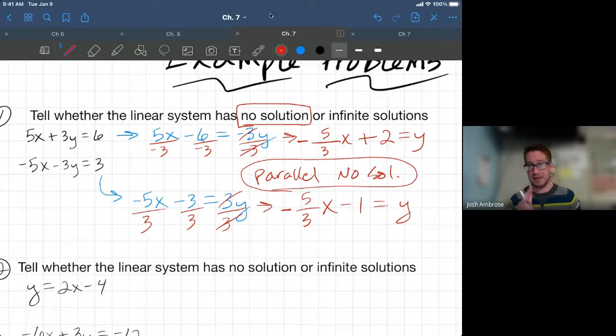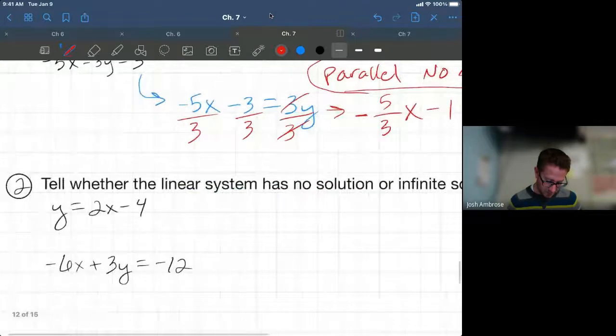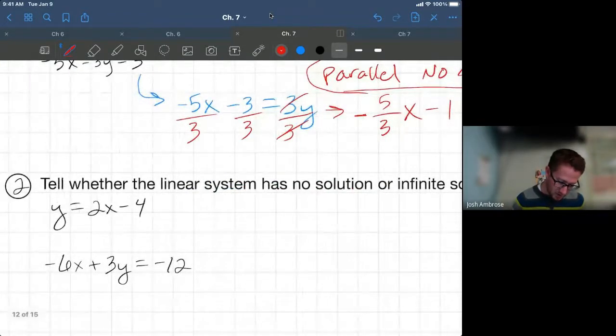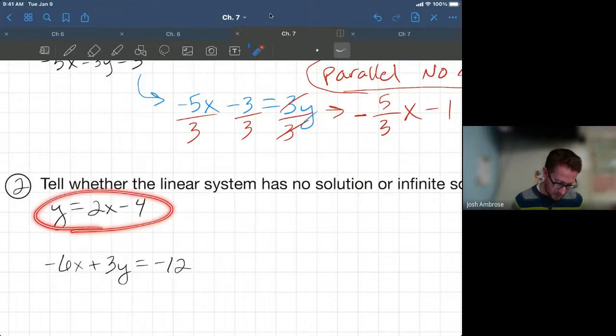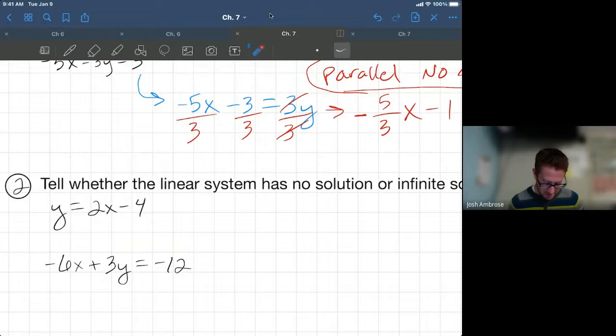Let's take a look at the second example problem, and then we are good to go. All right, so one equation is already set up as y equals. We like that. This one, don't need to mess with it. This one, we need to mix things up. Let's take the negative 6x and move it over. Okay, so we're going to do that.